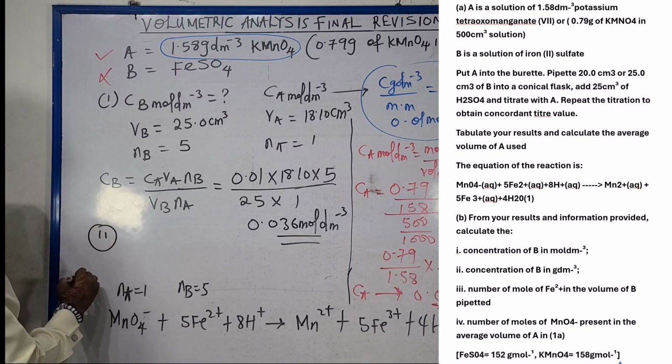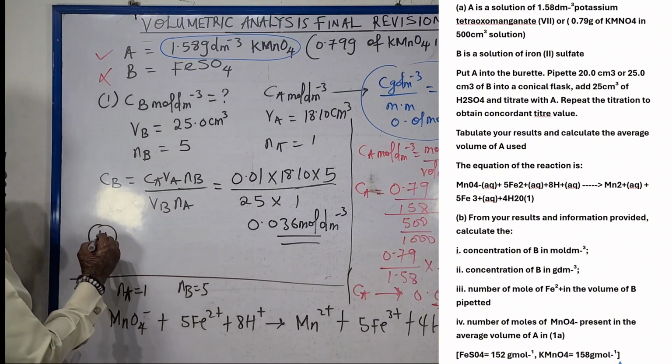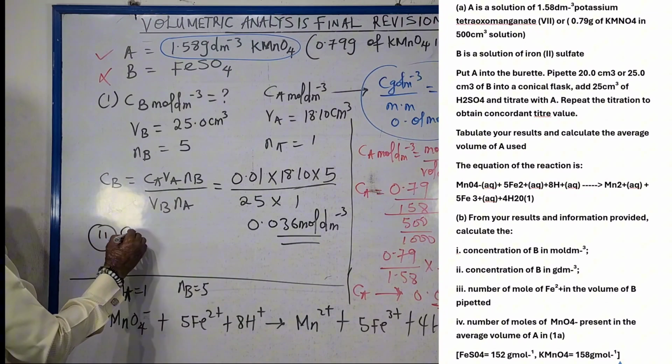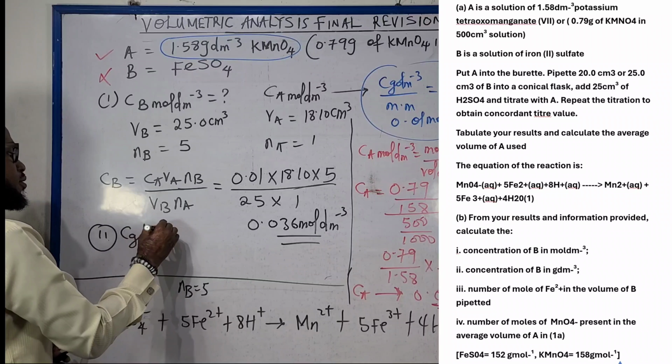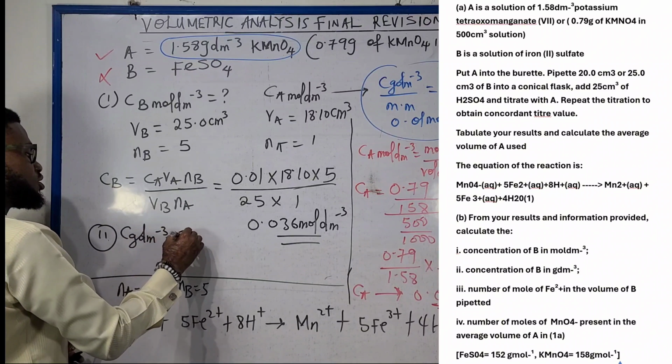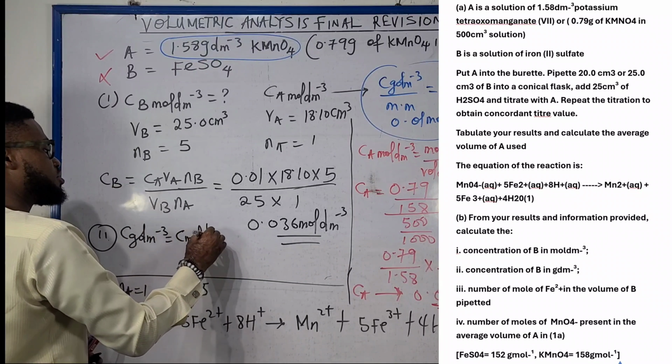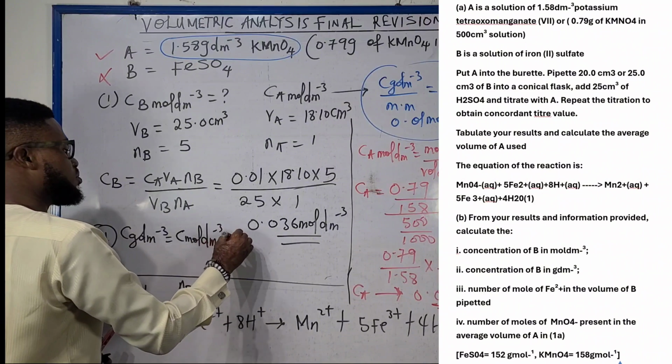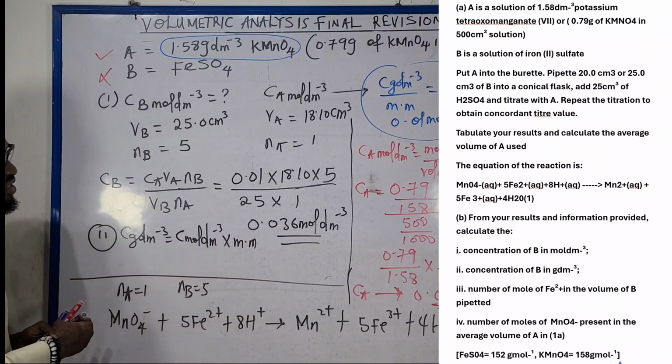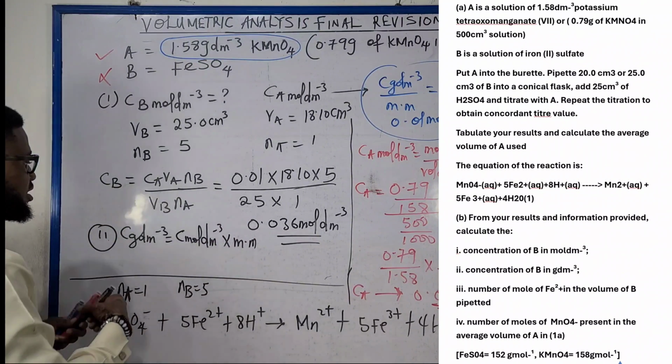In the second question, they wanted us to calculate the concentration in g/dm³. Concentration in g/dm³ is actually concentration in mol/dm³ times molar mass.